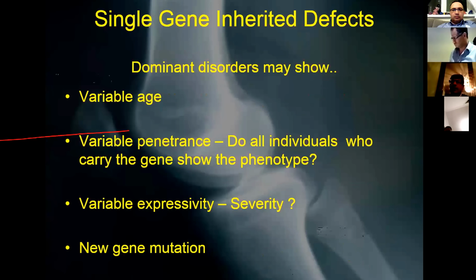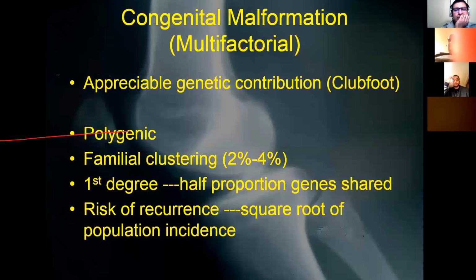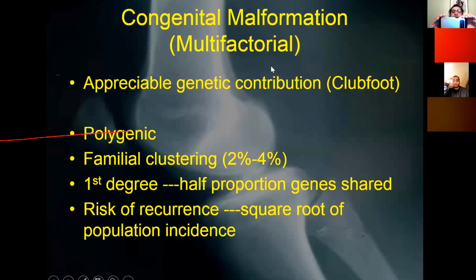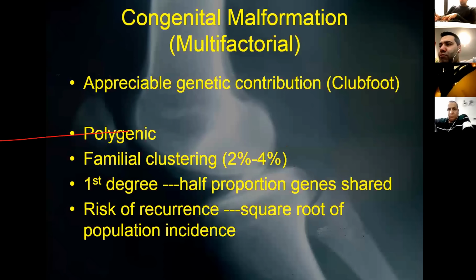And the third big classification is, use the word multifactorial, use the word polygenic, use the word familial clustering. The commonest orthopedic conditions under this are club foot, that's CTEV, and DDH.